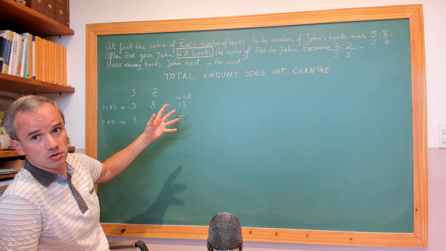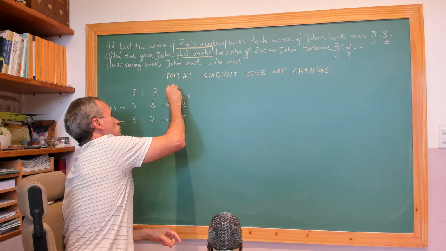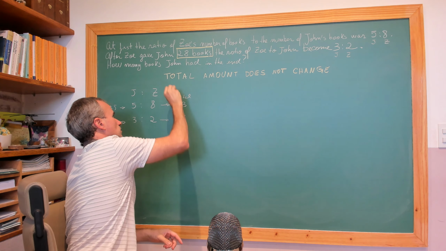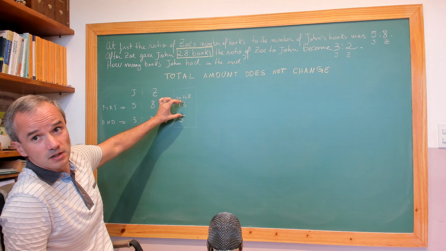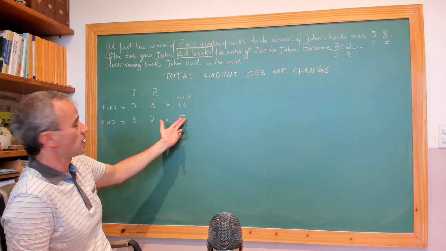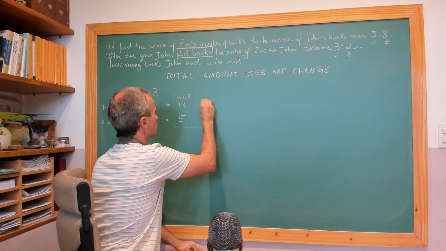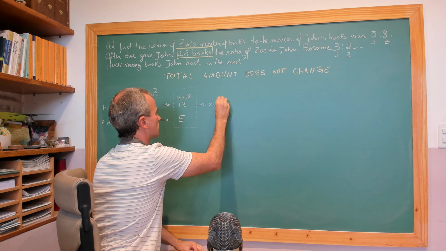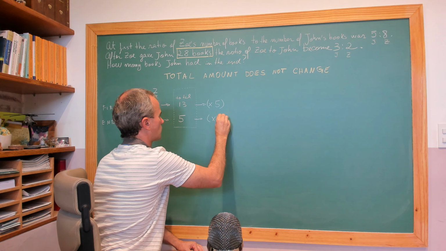We're talking about ratios. So the first thing we have to talk about is this. Those two numbers, they gotta be the same. After all, the total at first and at the end must be the same. So how are we going to fix that? We're going to multiply this by 5 and we're going to multiply this one by 13.